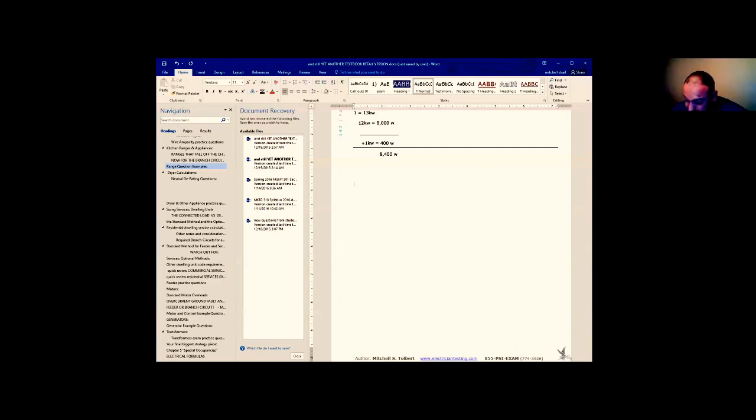You're taking how many steps past 12 is that 17? 5? That's right, 5. And if I'm taking 400 watts for each one of those steps, 5 times 400 is 2,000. It'll be 2,000 more. And then 2,000 goes with what number?